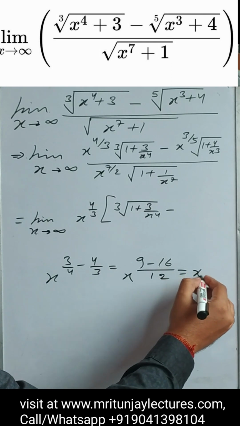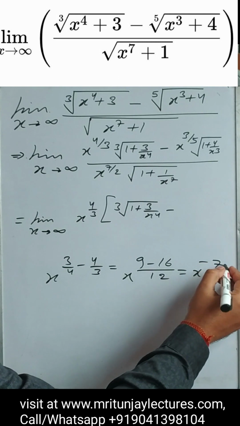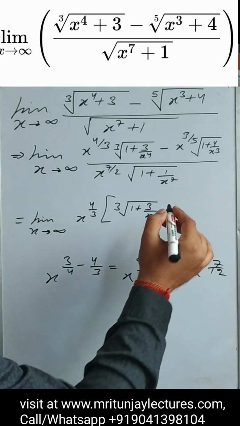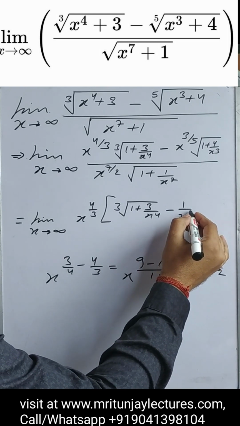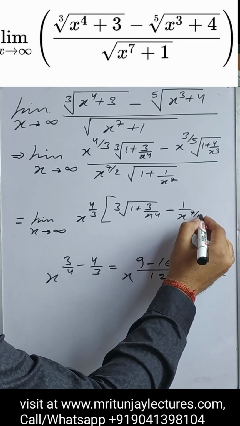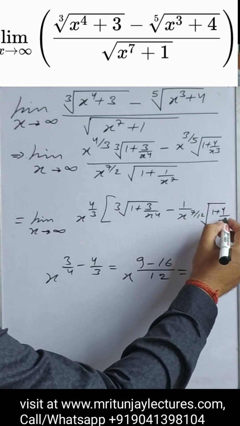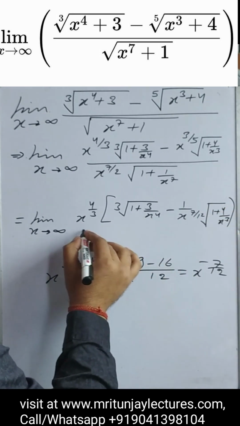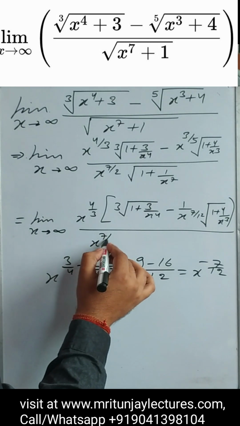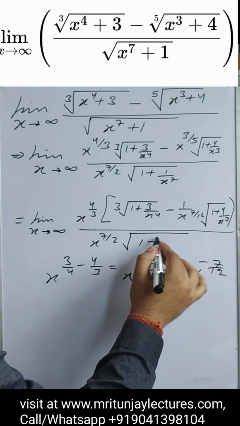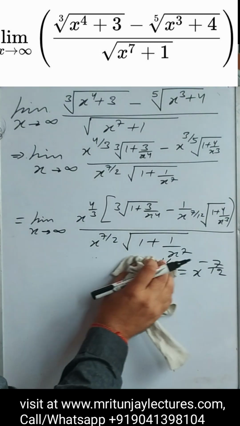So we get x to power minus 7 by 12. So you can write now here x to power 7 by 12 under root 1 plus 4 by x power 3. Clear or not? Divided by that one, x to power 7 by 2 under root 1 plus 1 upon x to power 7. Clear or not?